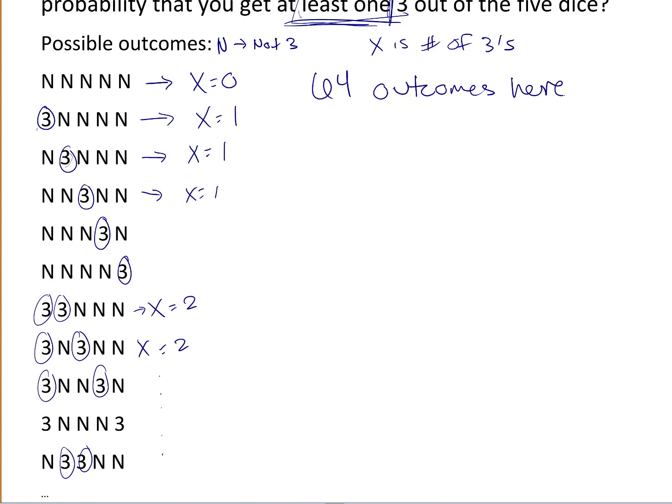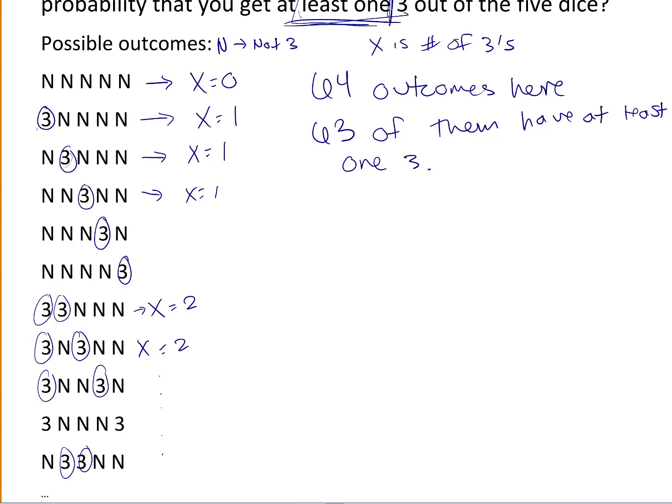Now, I don't really want to try and find the probability of all of those. That's going to be a lot of probabilities. 63 of them have at least one 3. So if I wanted to find the probability, I'd have to find the probabilities for all 63 of those and add them up. Or you could use the binomial probabilities.